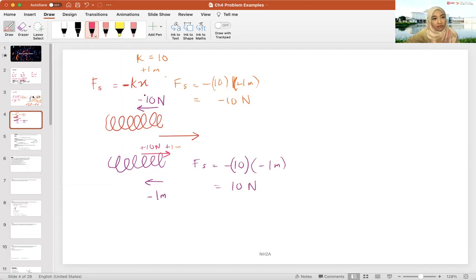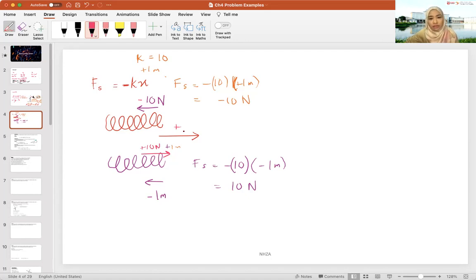When it was negative, it was to the left. When it was positive, it was to the right. So what I'm trying to say here is that you defined extension to the right as positive, because if you did not define this as positive, you wouldn't know what the direction of your elastic force would be.